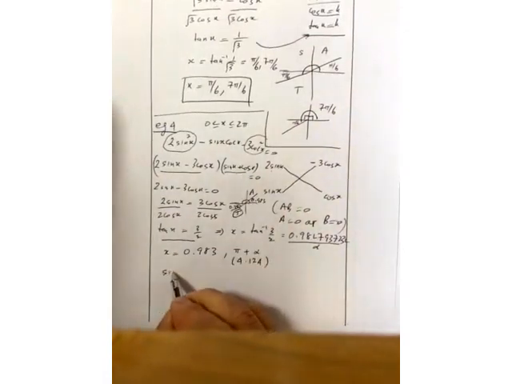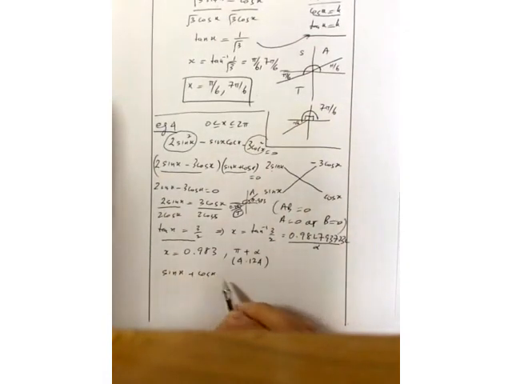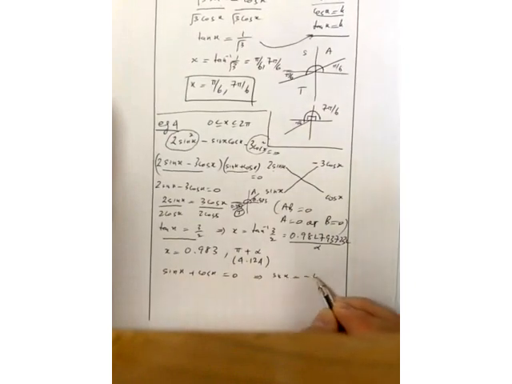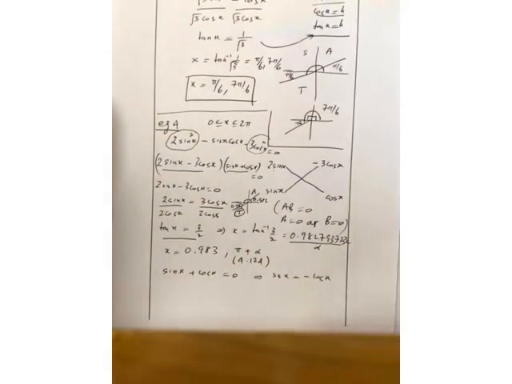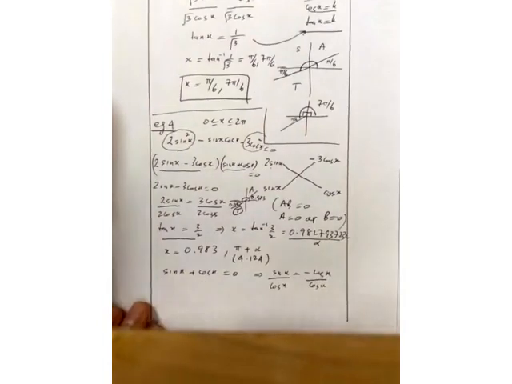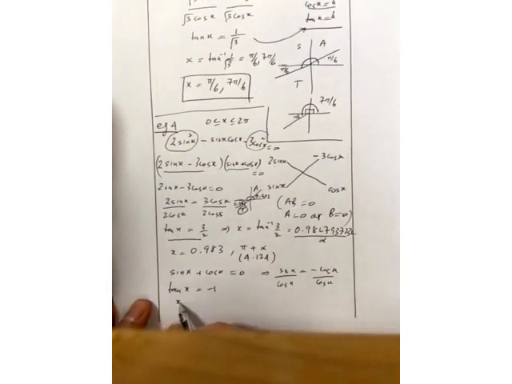All right. The other answer is from here. That is the sine x plus cos x equals 0, which implies that sine x equals minus cos x. And once again, if you divide both sides by cos, you get a nice one: tan x equals minus 1. Now, this is a nice answer, the exact answer. So x then equals minus pi on 4.